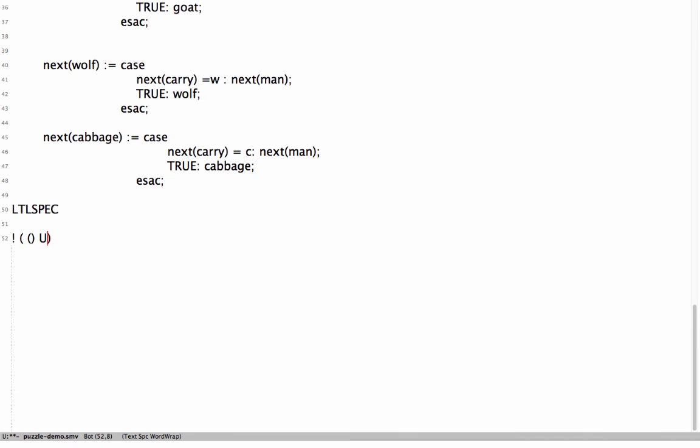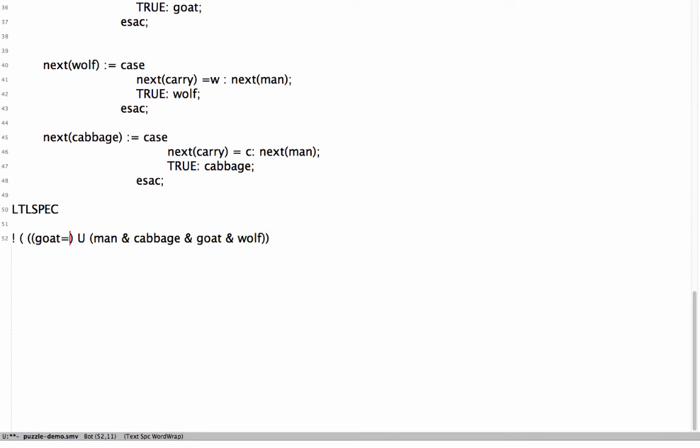Not of something until something. And before writing the left hand side of until, the right hand side is man and cabbage and goat and wolf should be true. That means they should be on the right side.